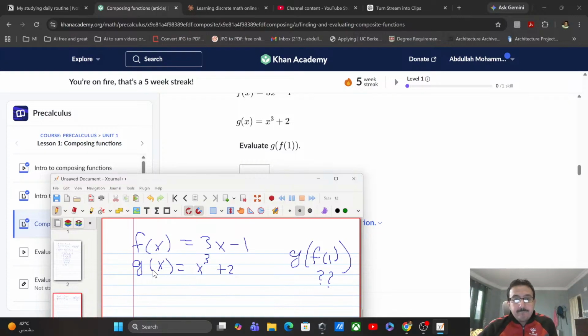Okay, so I got g of f(x), so here g of f(x) equals, here we got 3x minus 1 all to the power of 3 plus 2, and then I got them equal 3x, first 3, here is where I got 3 over 3.